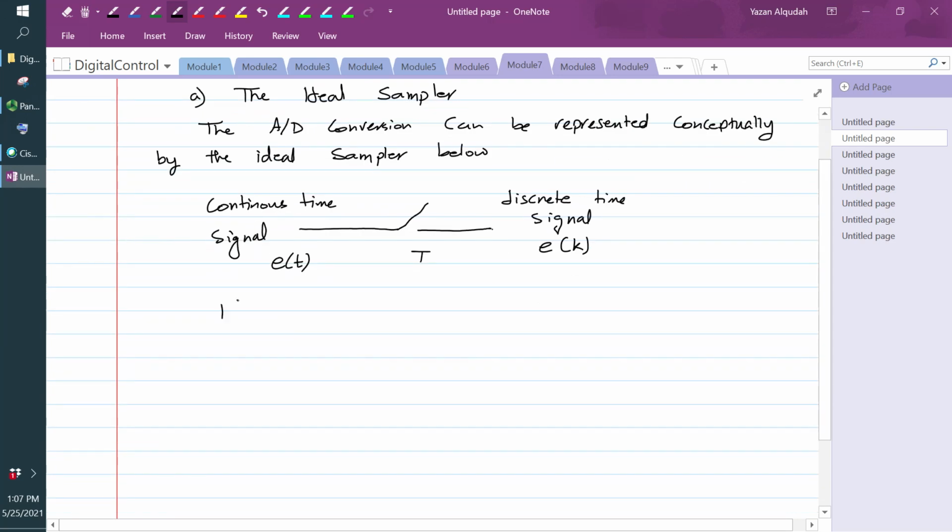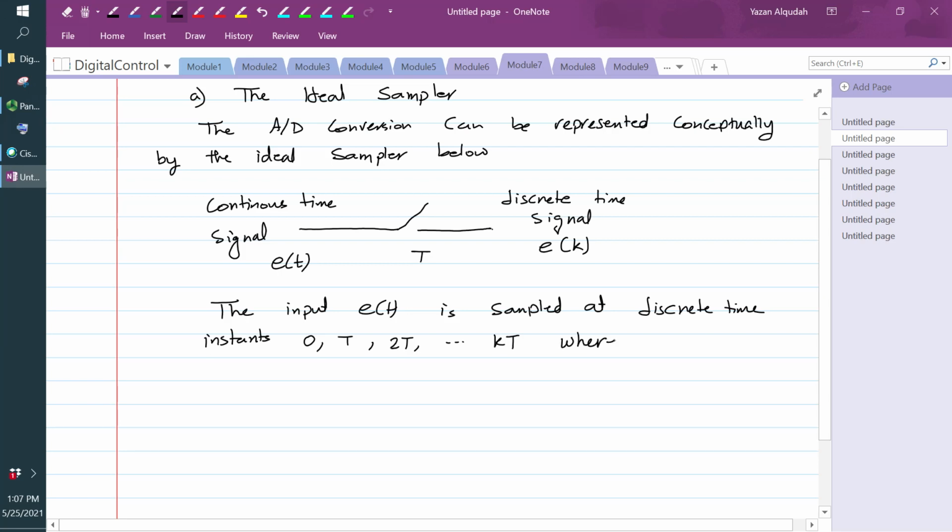So this input E of t is sampled at discrete time instances that are 0, T, 2T, 3T, all the way to kT.